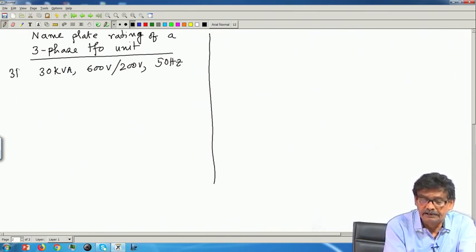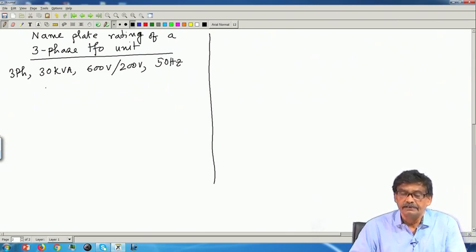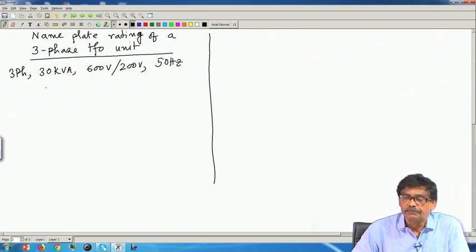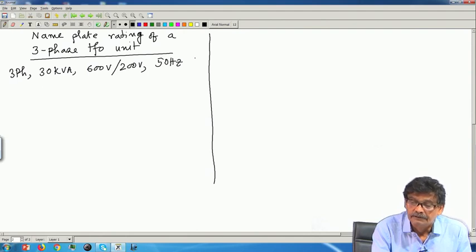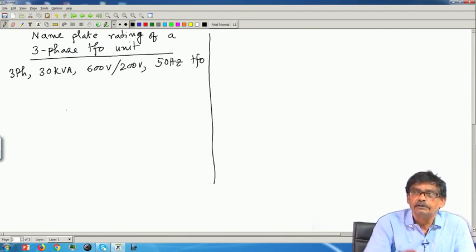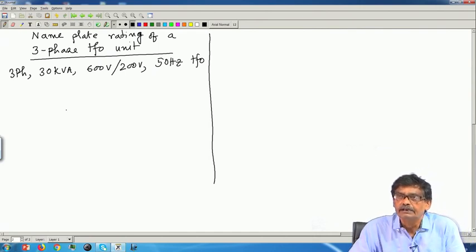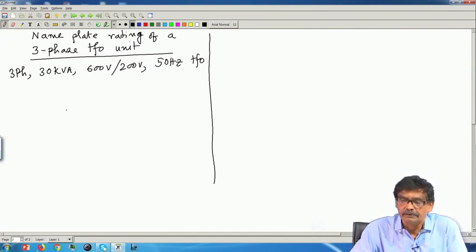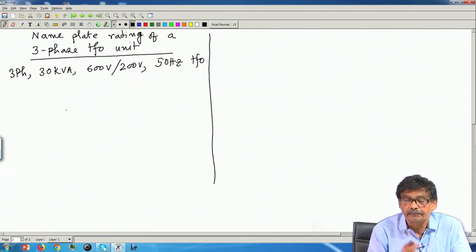So, 3 phase 30 kVA, 600 volt, 200 volt, 50 hertz transformer. Mind you, it is not the collection of 3 single phase identical units, and this is the nameplate rating.